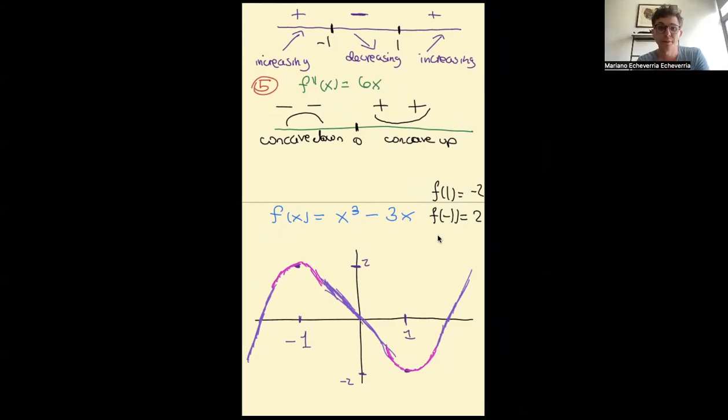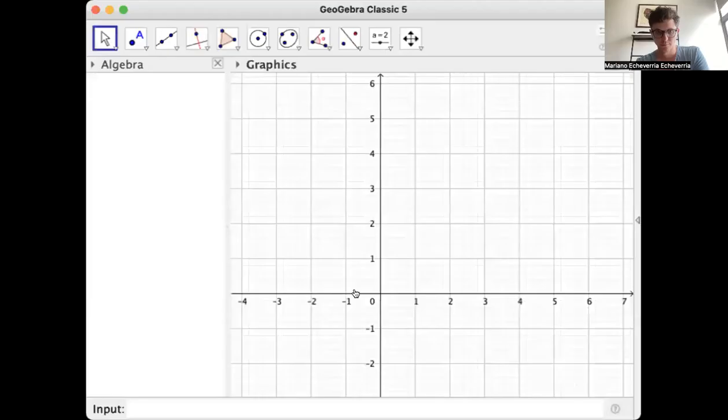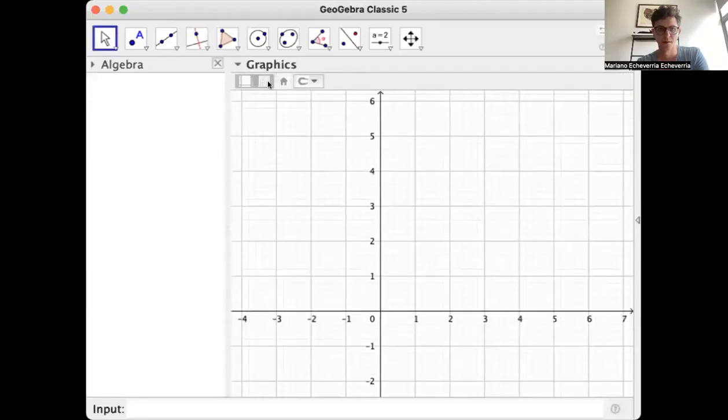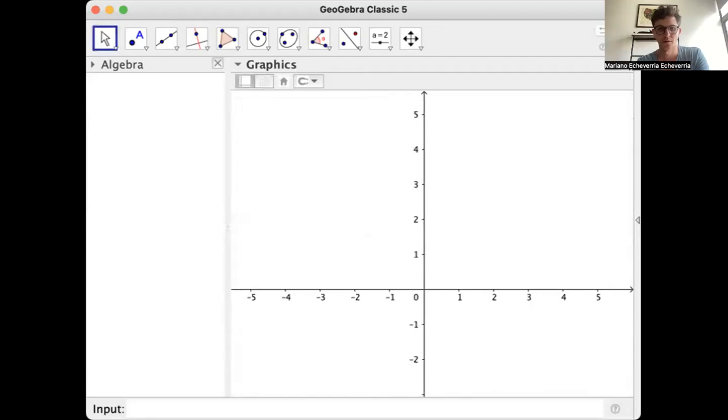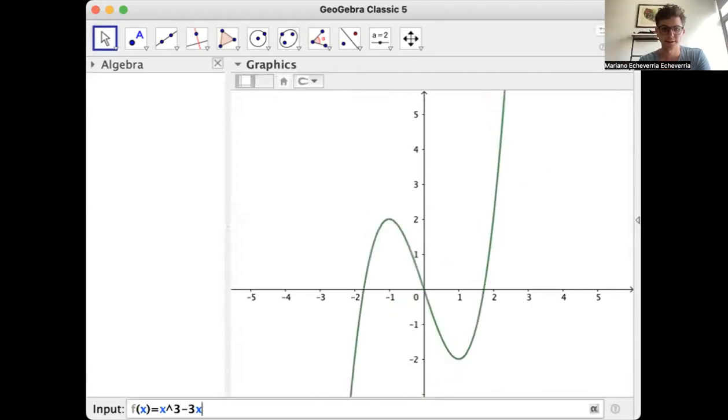So let me show you on the algebra that in fact this is correct. So f of x is x cubed minus 3x.